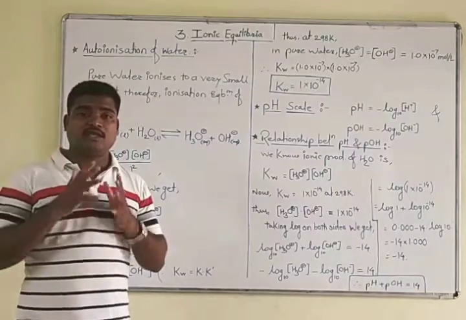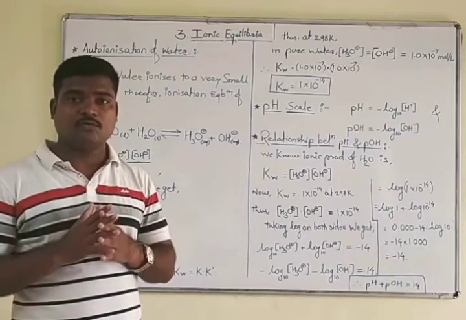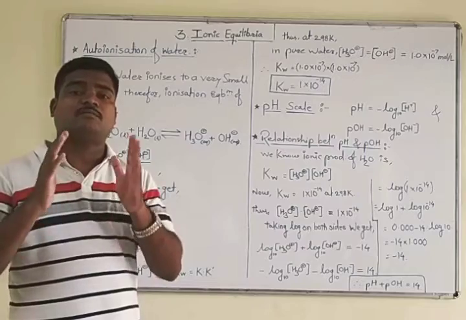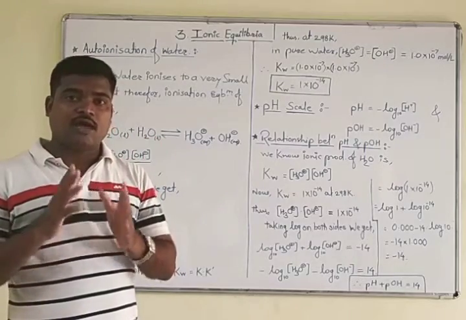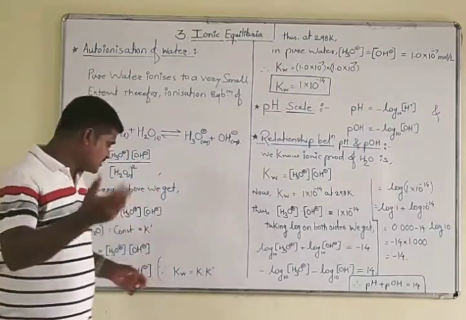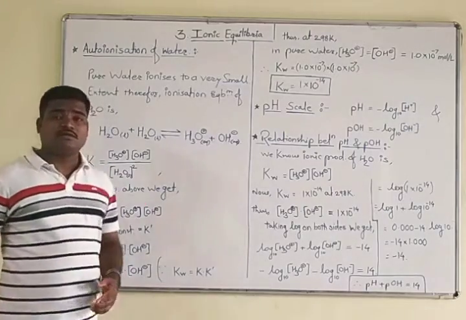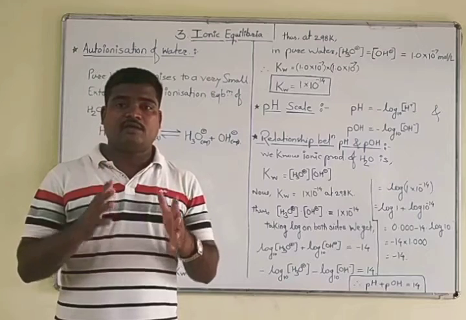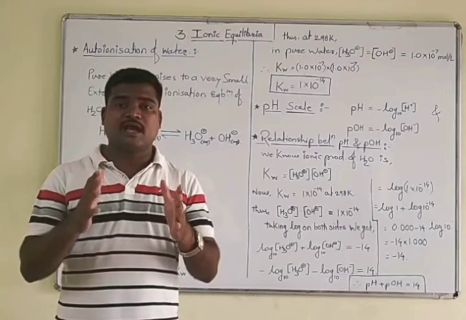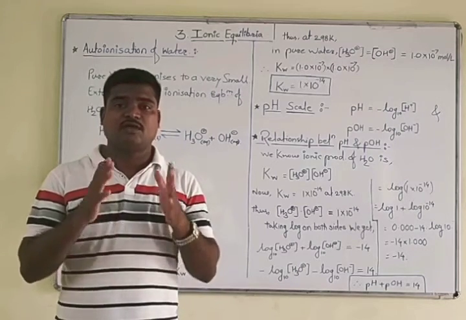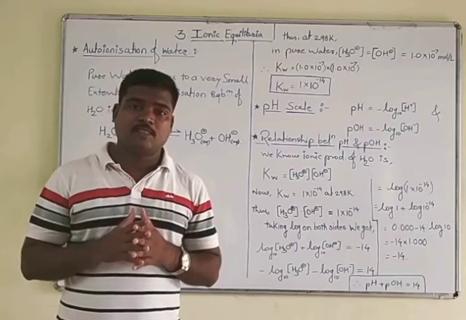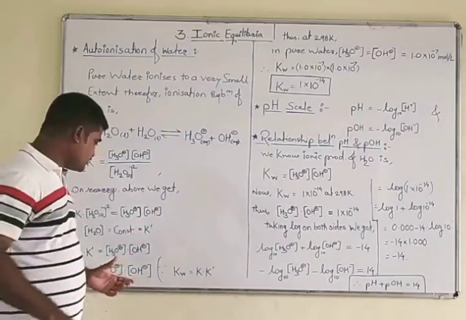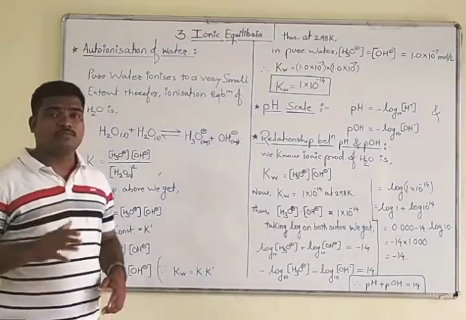Now what is meant by Kw? That term Kw we call the ionic product of water. The ionic product of water is nothing but the product of the molar concentrations of hydronium ions and hydroxide ions.